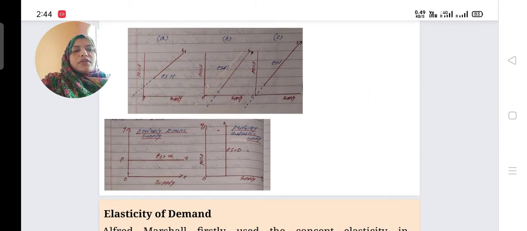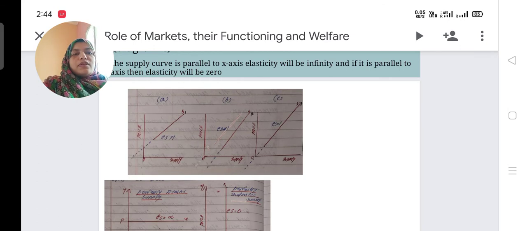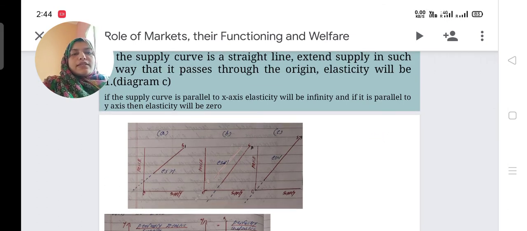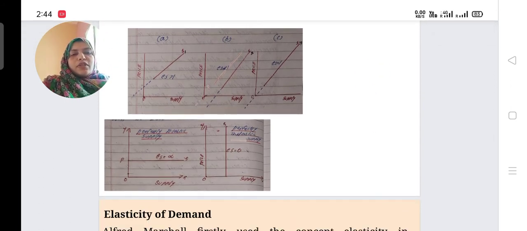In the fourth case, the supply curve is parallel to the x-axis, that is infinity. Then if the supply curve is parallel to the y-axis, elasticity will be 0. So these are the measurements of elasticity under the geometric method.